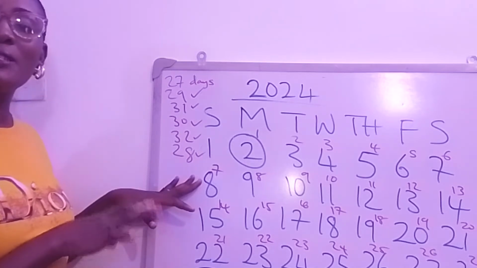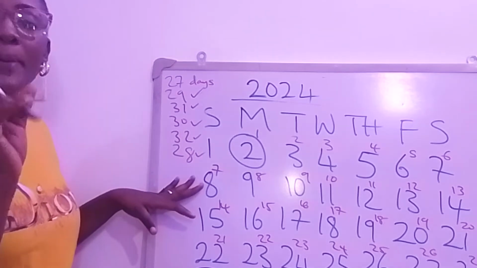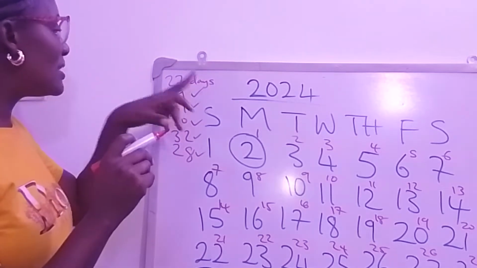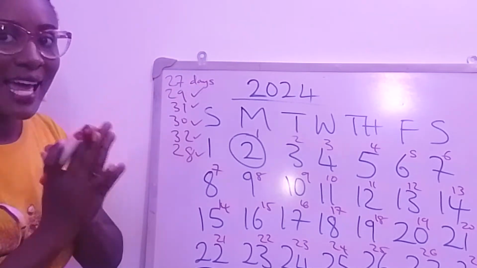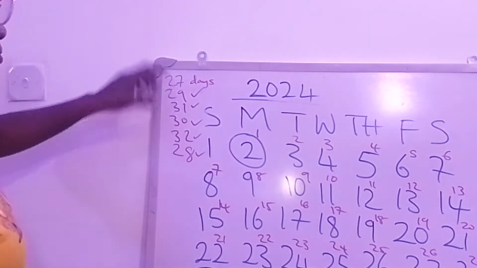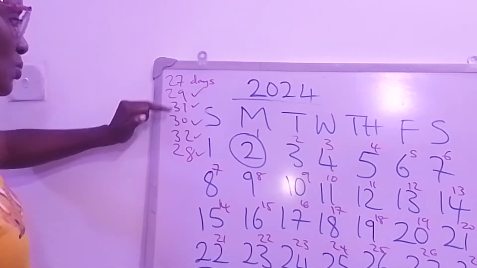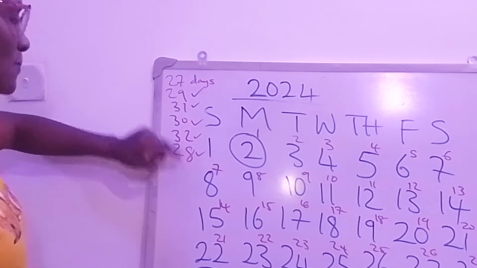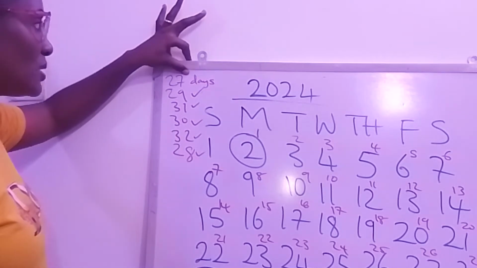In calculating the fertile window, you pick the least menstrual cycle length. The list is 27, 29, 31, 30, 32, 28 days. So the least is 27 days.